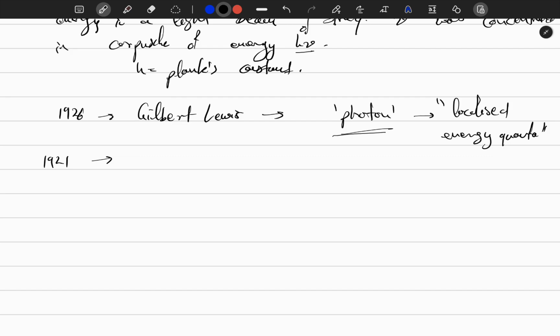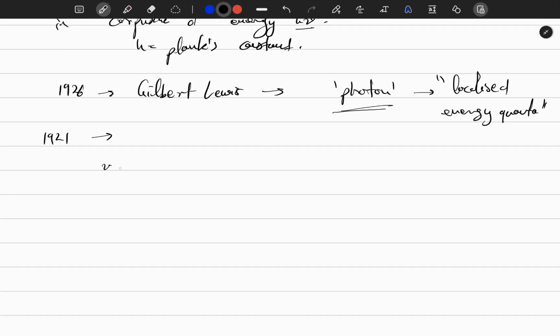Einstein's photon theory predicted that if the frequency nu of the incident radiation was greater than a critical frequency called the threshold frequency nu c, then the kinetic energy of the electron would be h times (nu minus nu c).